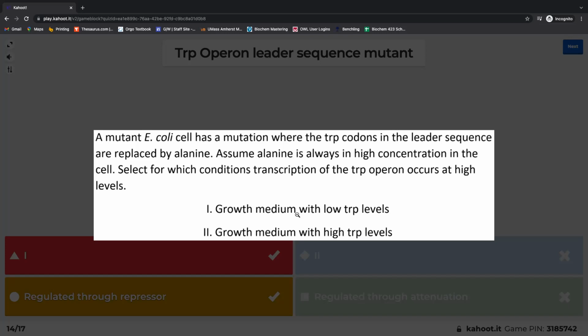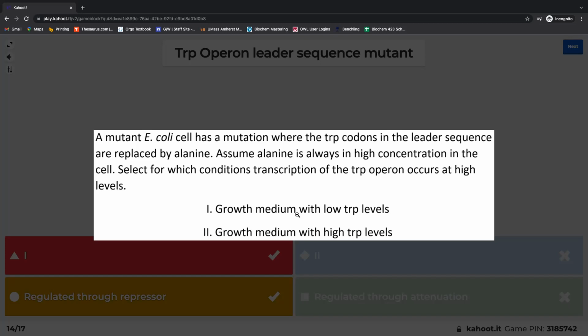Low trp levels means low trp tRNA. The trp tRNA has nothing to do with this anymore because now it's controlled by our tRNA. The only thing that controls it, in the context of low trp versus high trp, is actually just low trp. And it's regulated at the repressor level because low trp is going to pull off the repressor.